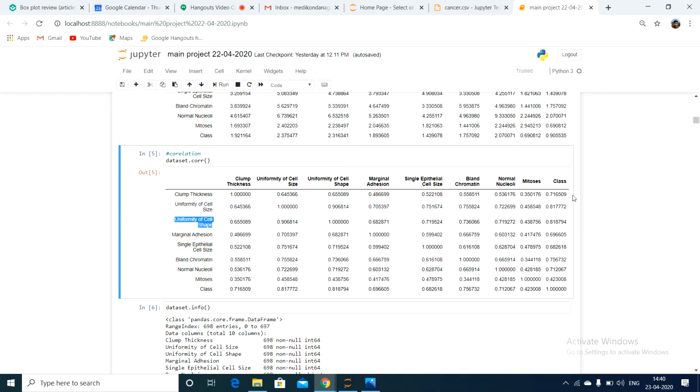Correlation is of three types: positive correlation, zero correlation, and negative correlation. If one value increases and the other value also increases, then that is positive correlation. Here value means column: if clump thickness increases and class increases, we get positive correlation.